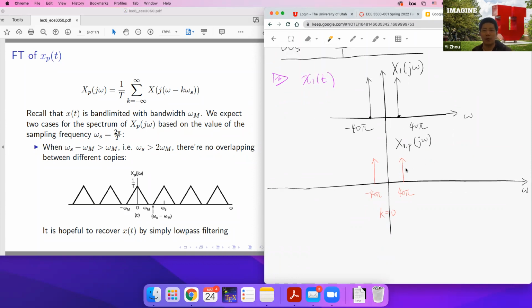So you do the second one, shifting to the right by 240 pi. This one becomes 280 pi, and this is 200 pi. So you have two arrows right here, and this is 280 pi. This is 200 pi.